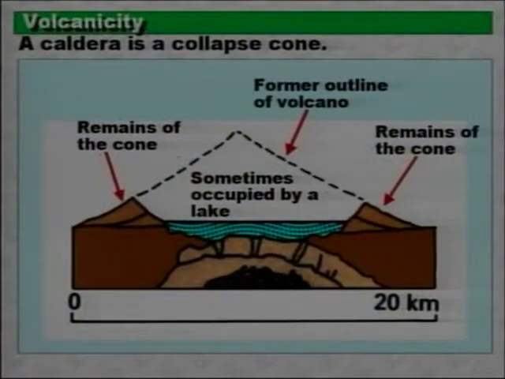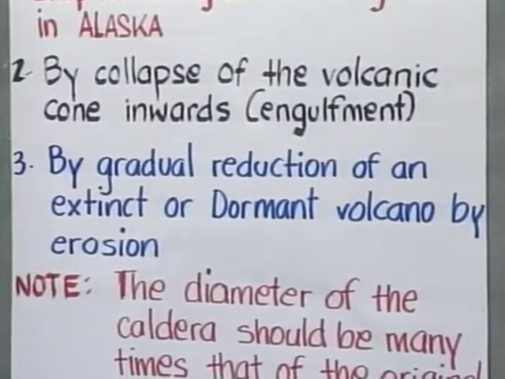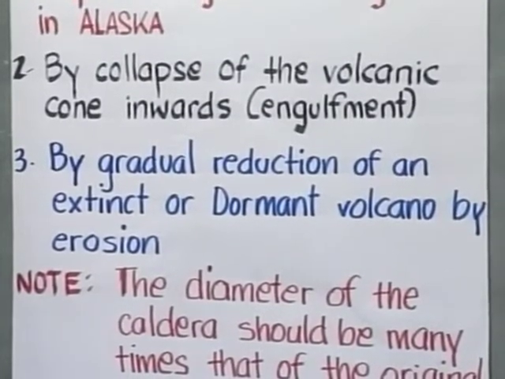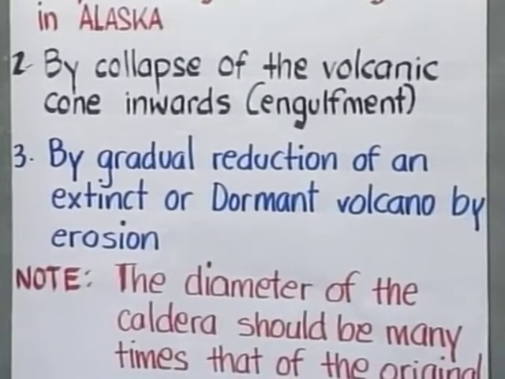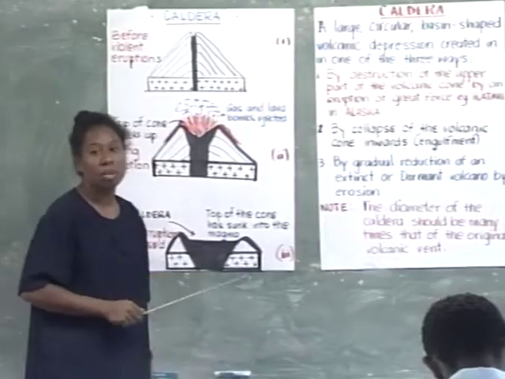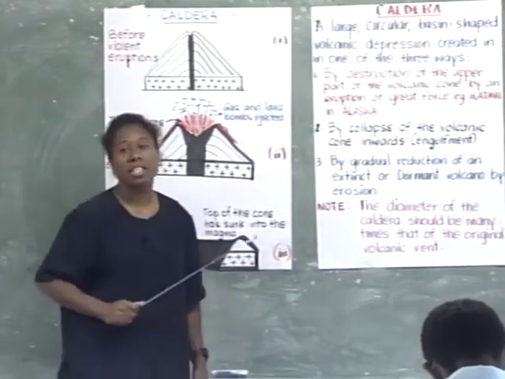The third way in which a caldera can be formed is by the gradual reduction of an extinct or a dormant volcano by erosion. So given time, if we have an extinct volcano sitting there, erosion can remove the sides or the slope, then resulting in a huge depression being created. So those are the three ways in which calderas can be formed.